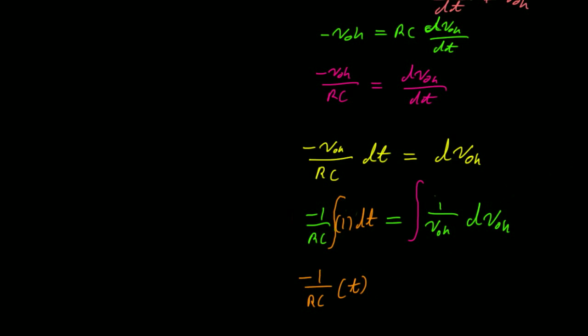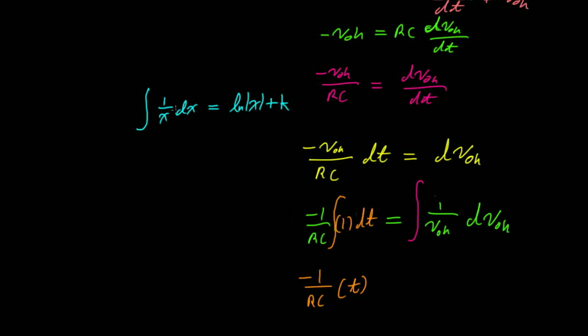Now, on the right-hand side, hopefully this is familiar to you. If it's not, let me rewrite this, and instead of VOH, I'm going to replace VOH with x. What is the integral of 1 over x dx? Hopefully you remember from Calc 1 that the integral of 1 over x dx, the function that when you differentiate it gives you 1 over x, is the natural log of the absolute value of x plus some constant.